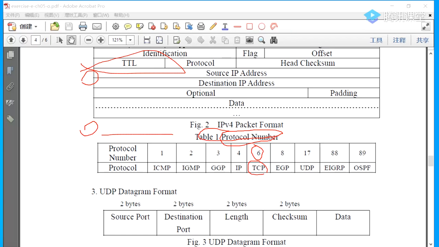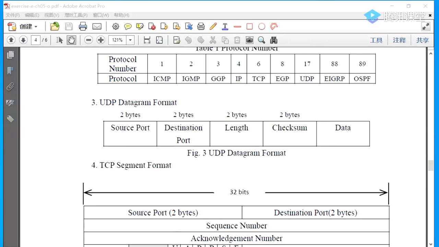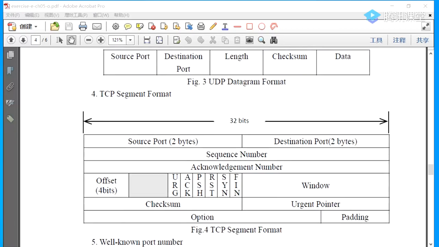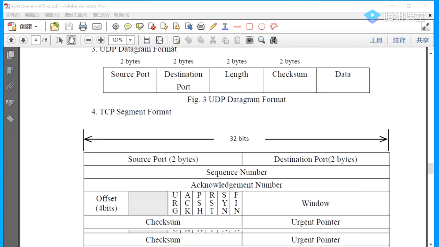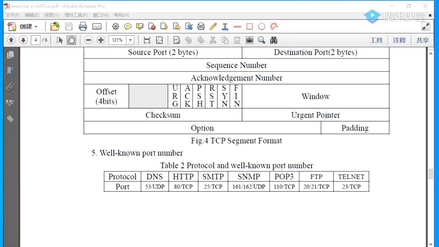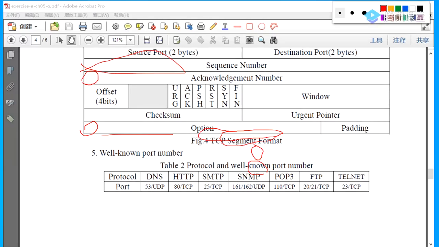Then the UDP datagram format, source port, destination port, etc. Then the TCP segment format, source port, destination port, etc. Then the last table illustrates protocols and some well-known port numbers.